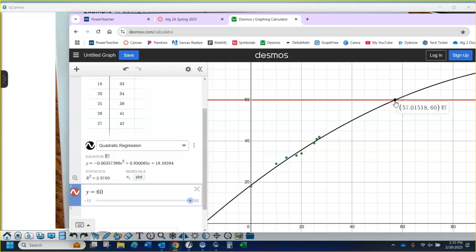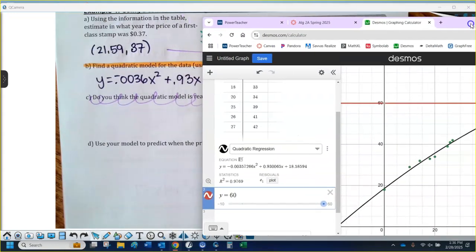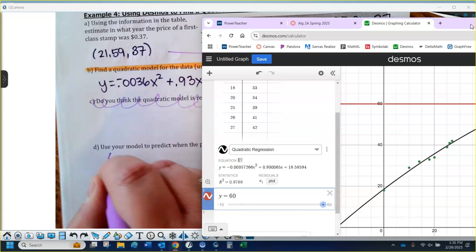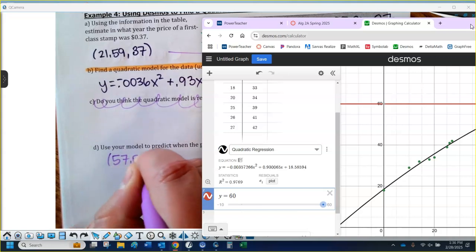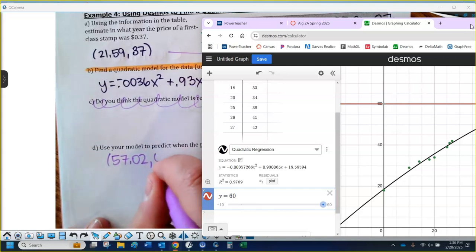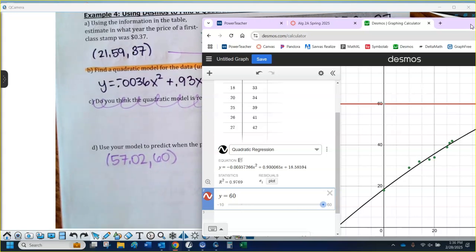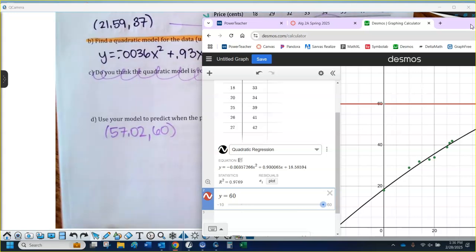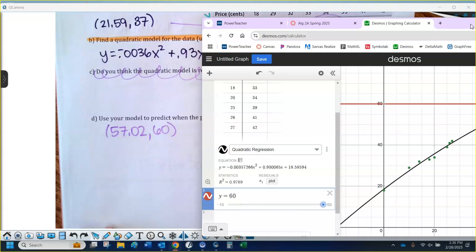So I'm getting 57 point, let's say 02. So 57.02, and that was when the price of the stamp was 60 cents. All you have to do to figure out the year is add that 57.02 to 1981, because it's years since 1981.